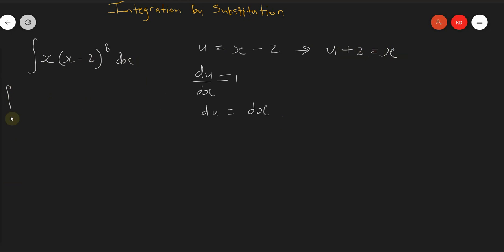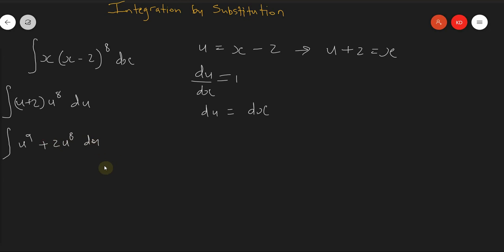Therefore, when we rewrite this, we would have u plus 2 in brackets multiplied by u to the 8th power du. Good. Therefore, all we would need to do now is distribute this u to the 8 across the brackets, and we would get u to the 9th power plus 2u to the 8th power du.